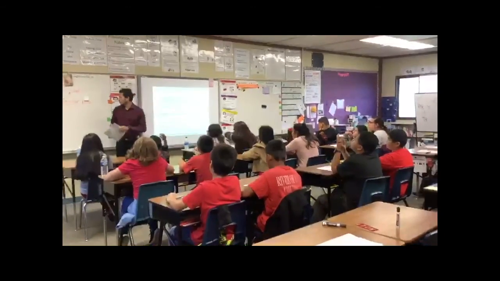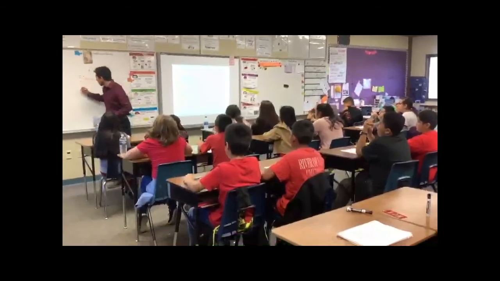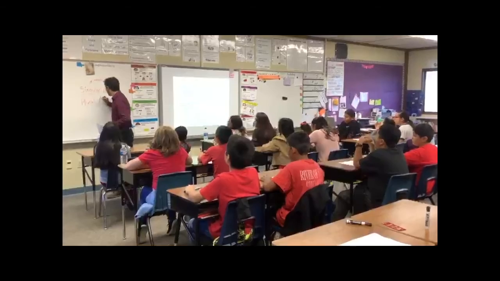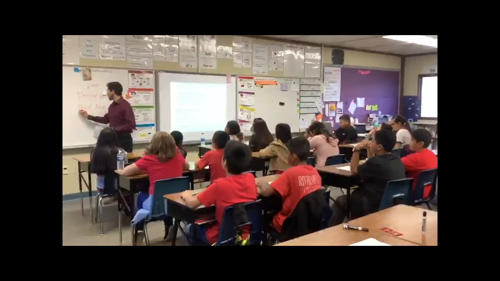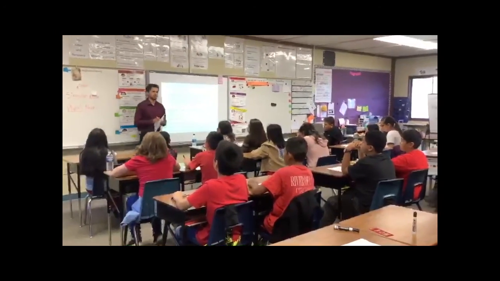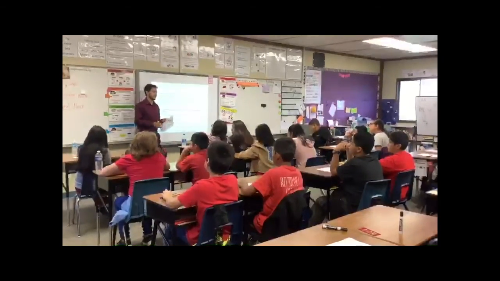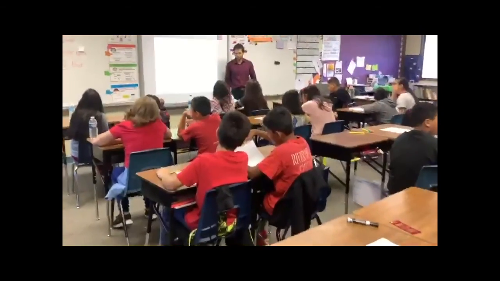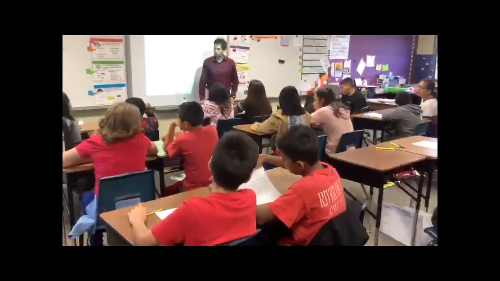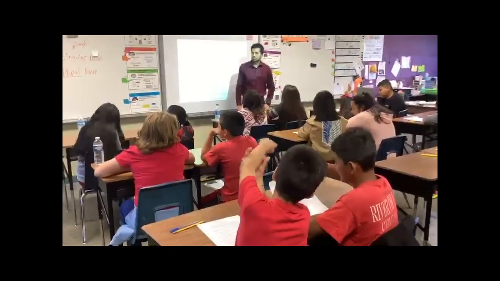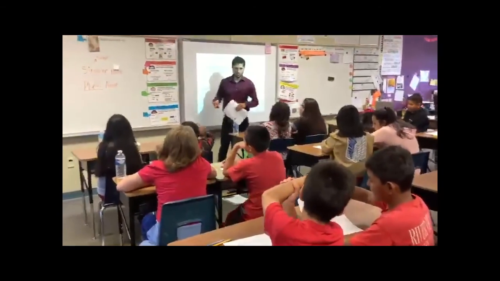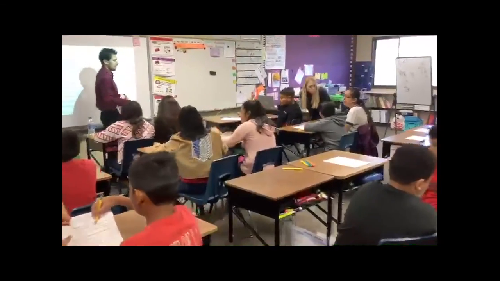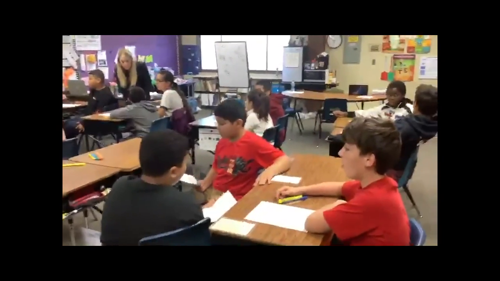Okay? And what about plural? Talk to your partners and see if you can find a root word in there that helps you understand what it might be. More difficult, but we'll give it a try. It's a little bit more tough, but we'll give it a try.